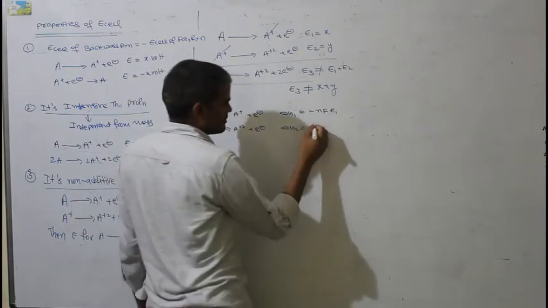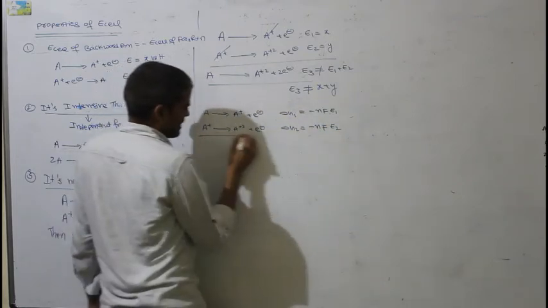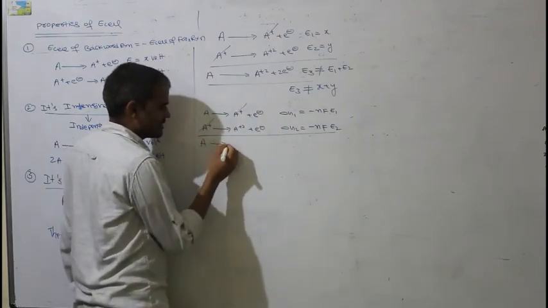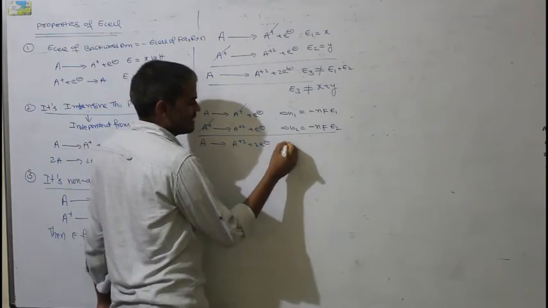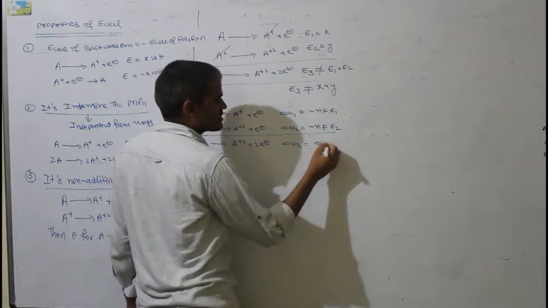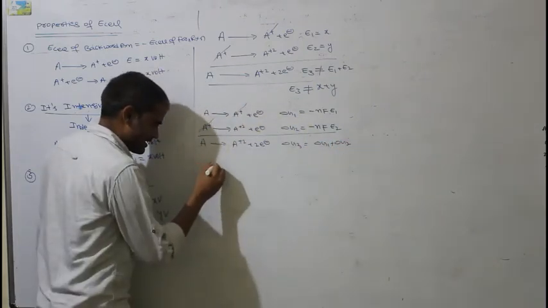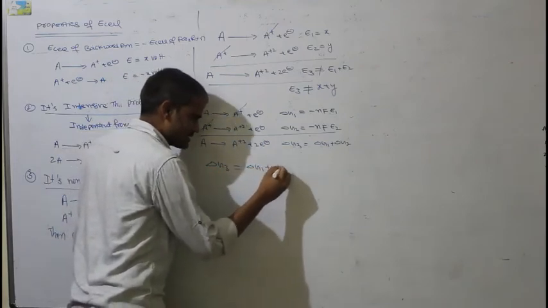So del G2 becomes minus NF E2. When you add both reactions by cancelling similar factors, you have the final equation A gives A plus 2 by 2 electrons, which is del G3. So del G3 is ultimately equal to del G1 plus del G2.